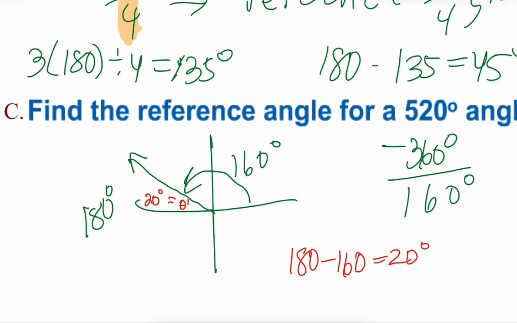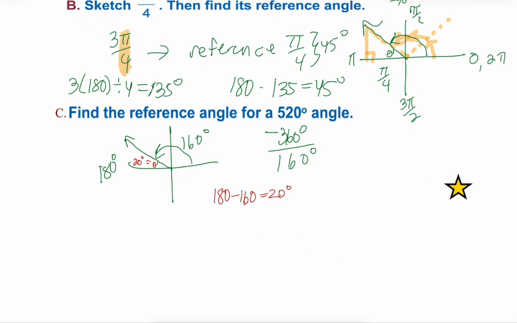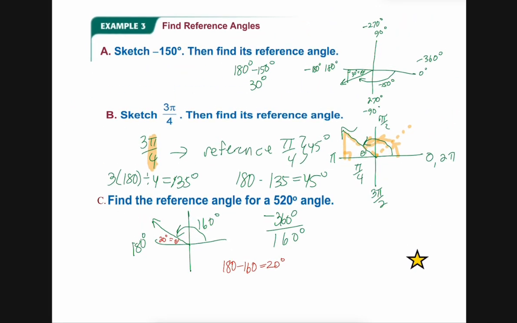So our reference angle, what is in our triangle? 20 degrees if we were to build a triangle. Okay, so that is a little about reference angles. We are going to break that down even more as we go through the process. They're a little strange, but you'll see as we go, they'll be okay.